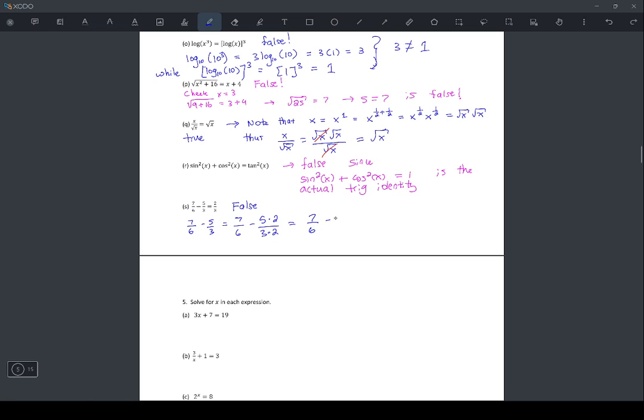So 7 over 6 minus 10 over 6, which is negative 3 over 6, which is negative 1 over 2, and that's not equal to 2/3, not even the right sign.